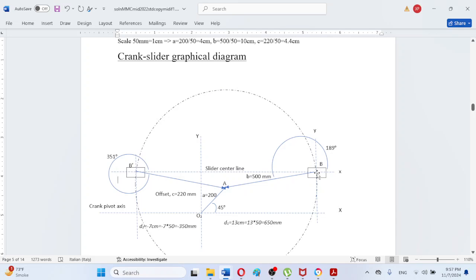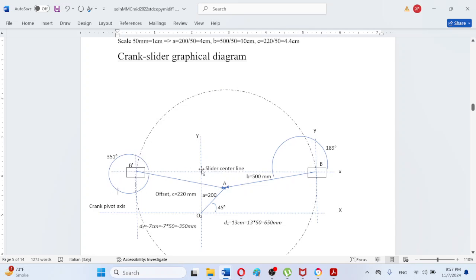As we can observe, the directions of the vectors are according to the book. So this is theta 3 1, and in a similar manner anti-clockwise angle theta 3 2 is actually 351.